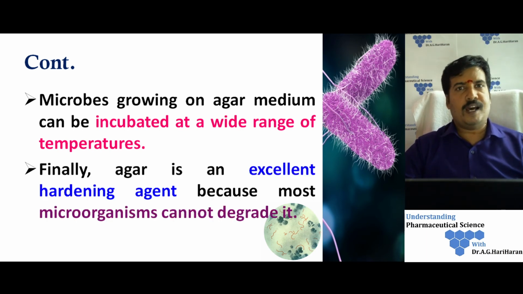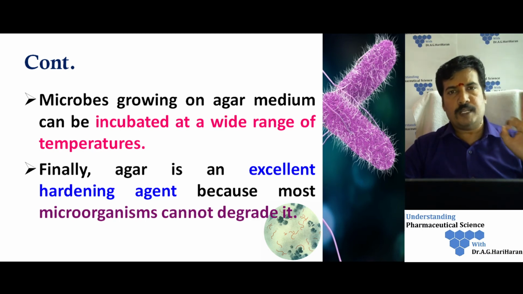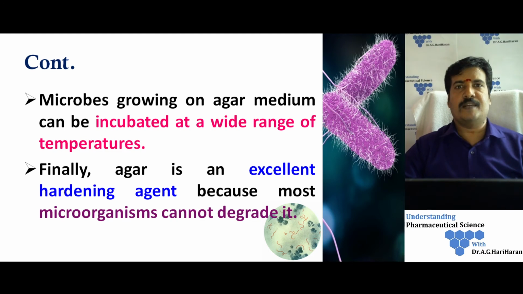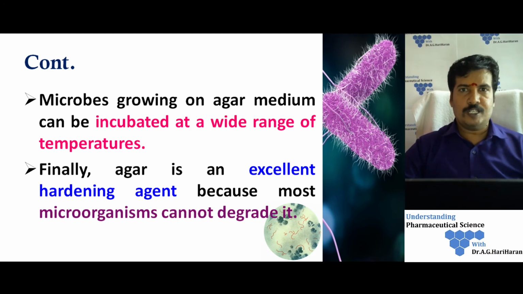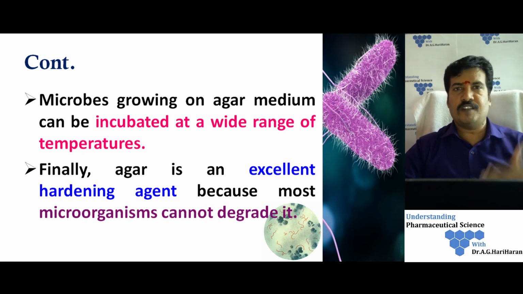And moreover, agar is an excellent hardening agent, because most microbes can grow on the agar without degrading it, as they don't have any enzymes able to degrade agar. So agar has been widely used as a solidifying agent in microbial media, especially to convert the physical state from broth to solid state.